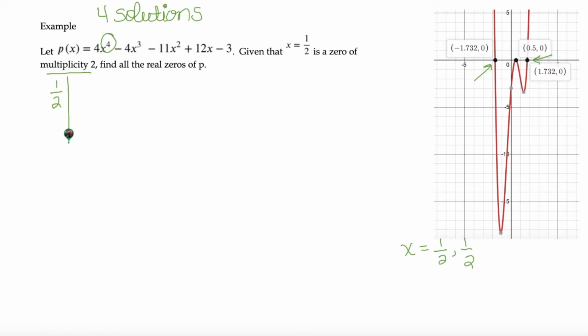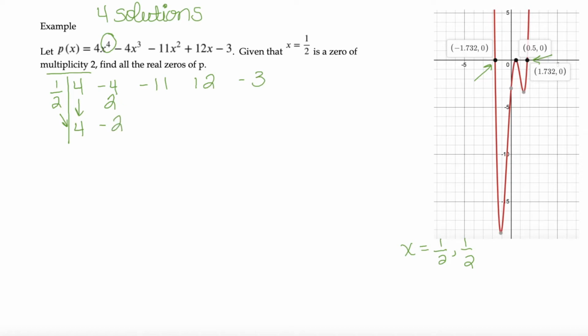And then bring down my coefficients: 4, -4, -11, 12, and -3. Always bring down 4, the first value. I'm going to then take 1/2 times 4, which is 2, and then add, so -4 plus 2 is -2.